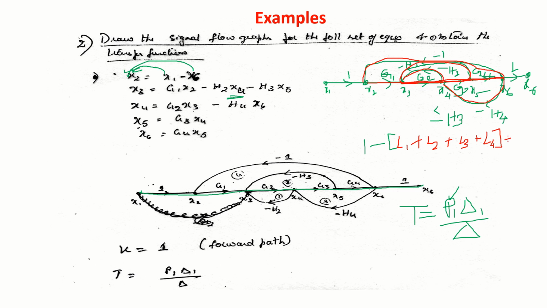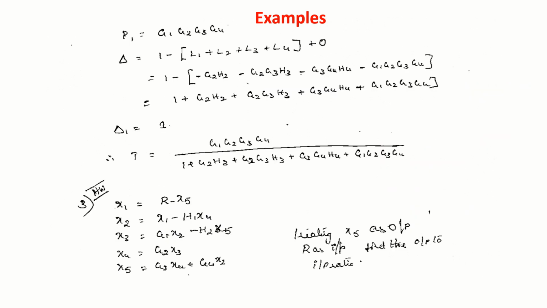Then do we have 2 non-touching loops? There are no 2 non-touching loops, so 0. Delta 1, forward path, if you consider, it is touching all the loops, so 1. So that's what I have done here. P1 delta 1. Substitute, you will get the transfer function.